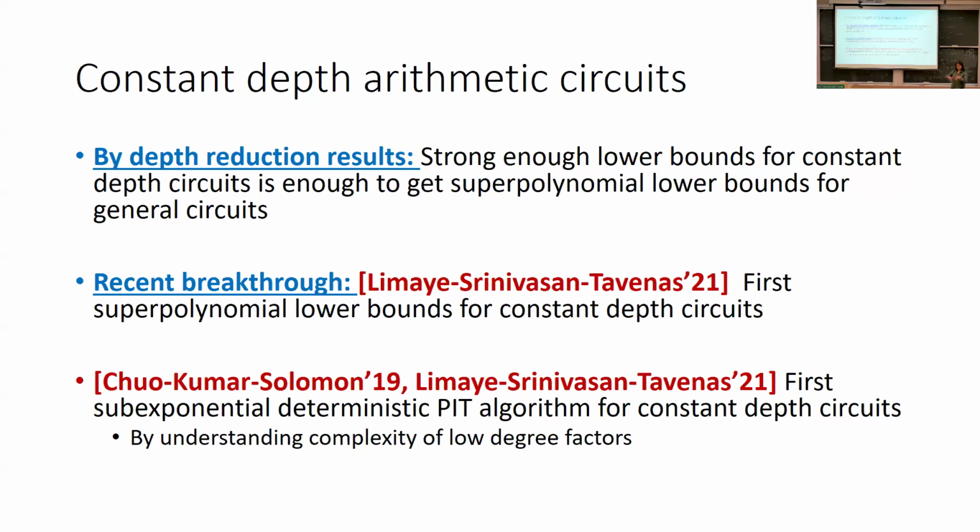So the result I'm going to talk about is also about factors of constant depth circuits, but this was a much more specialized result, for factors of a specialized form of constant depth circuits. By understanding those completely, one could still get some kind of trade-off between lower bounds and PIT.